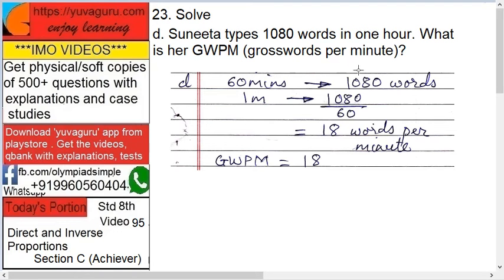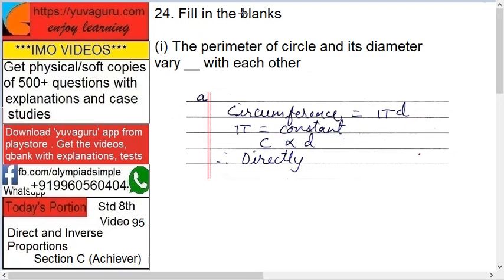So in 1 minute it will be more words or less? Less. So one decreases, the other will also decrease. So that's why direct proportion, right? So make it simple. 1 into 1080 upon 60, right? So cancel this, solve this, you will get 18. So 18 words per minute. GWPM equals 18.